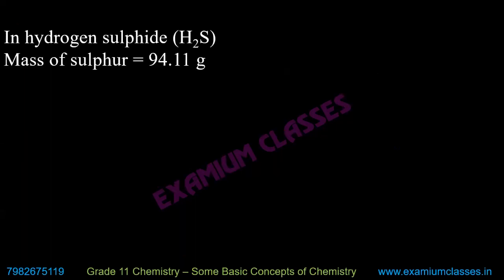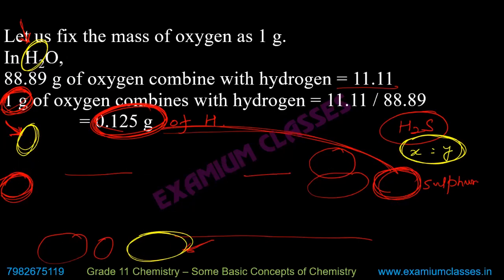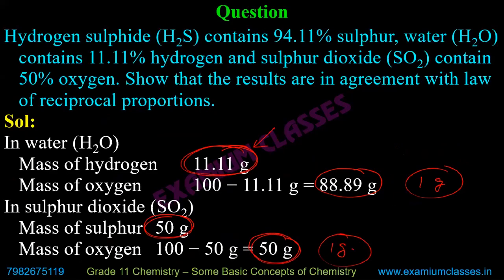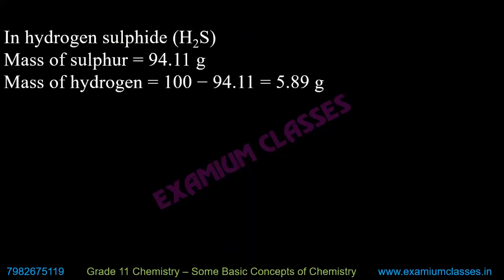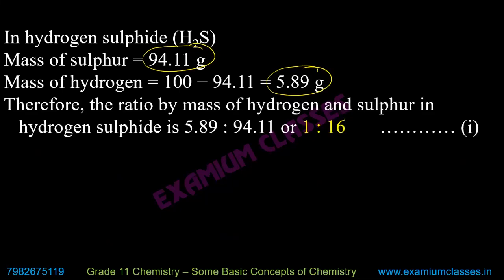Calculate that. In hydrogen sulfide, what is the ratio? In hydrogen sulfide, the mass of sulfur is 94.11, it is given. We can get the mass of hydrogen also, 100 minus this much. So from the mass of sulfur and mass of hydrogen, you can calculate the simple ratio, which is 1:16.